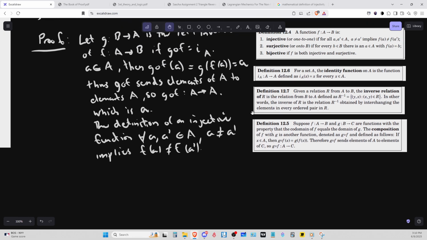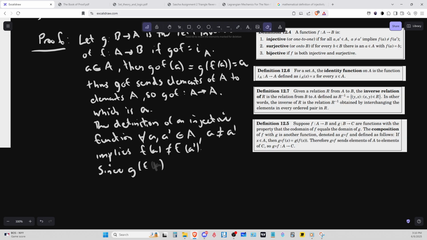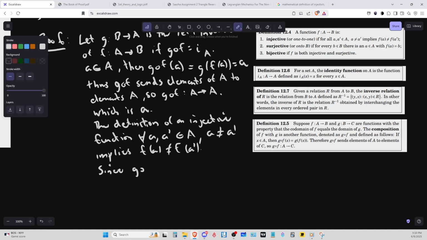So since we have... maybe we can write since g of f of a, or maybe we should write the whole thing, so since f of a is equal to g of f of a, that equals a.